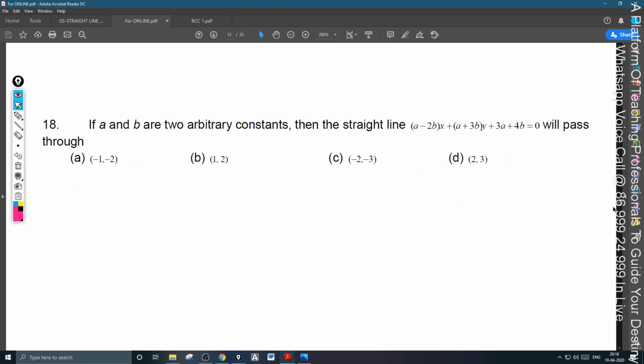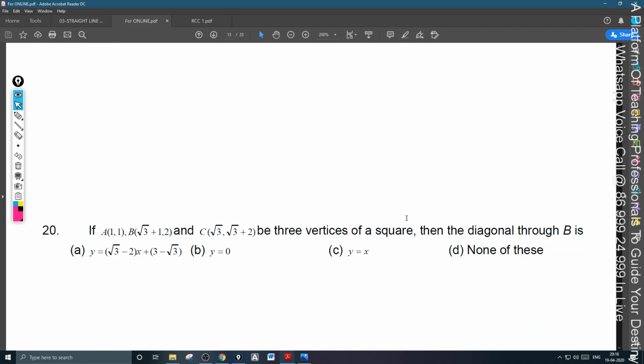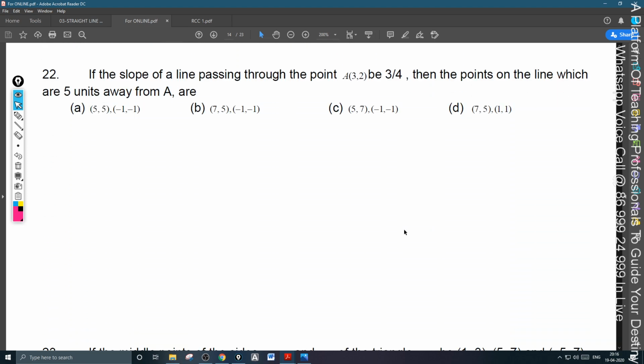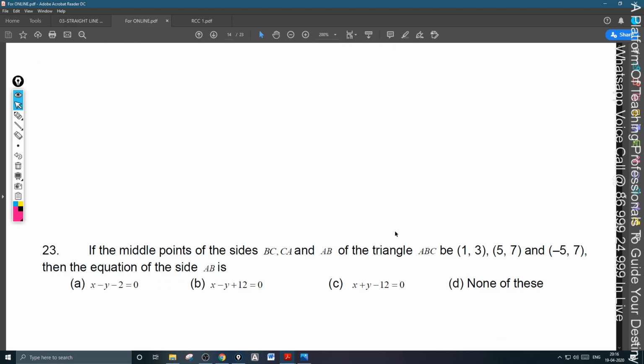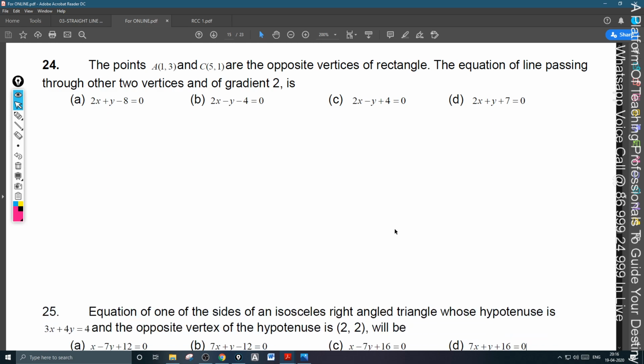The symmetric form we have finished. On the basis of symmetric form we did almost 3 to 4 problems. That's an important model, which is the reason why I have taken more models on that one.